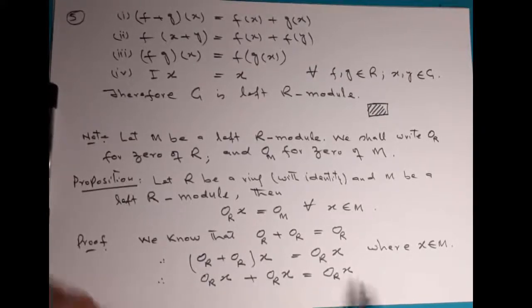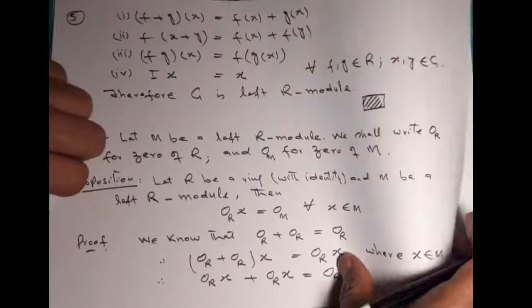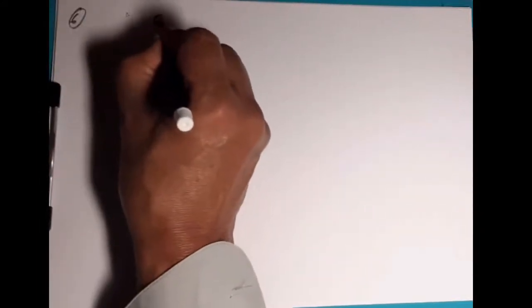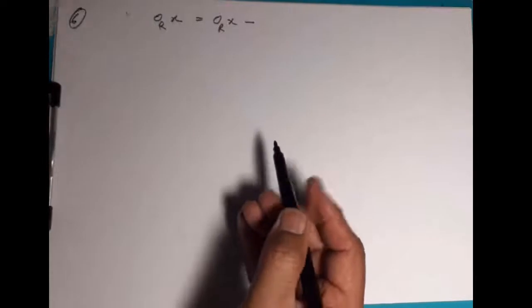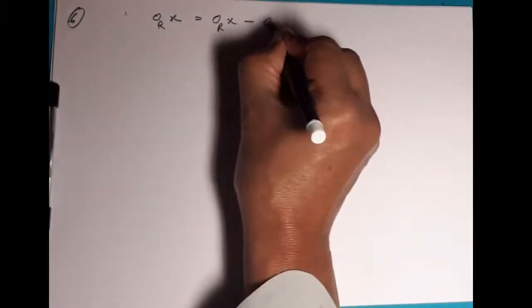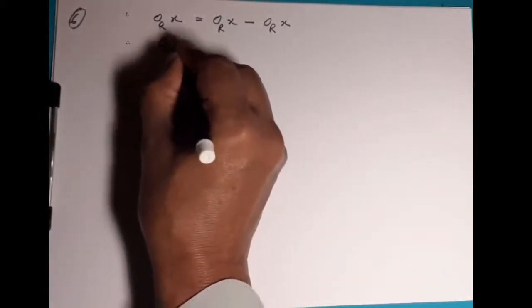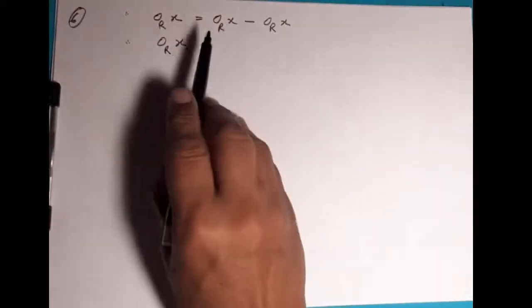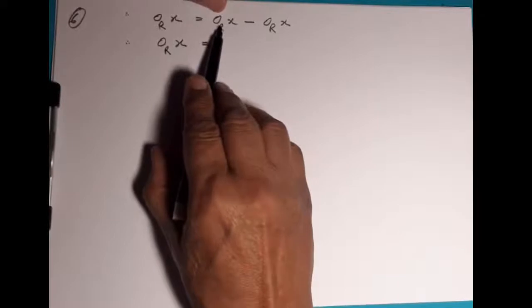Now we take this to the right hand side. And therefore 0 of ring R multiplied with X is equal to 0 of ring R multiplied with X minus 0 of the ring R multiplied with X. Now note that 0 of the ring R multiplied with X is an element of the module.